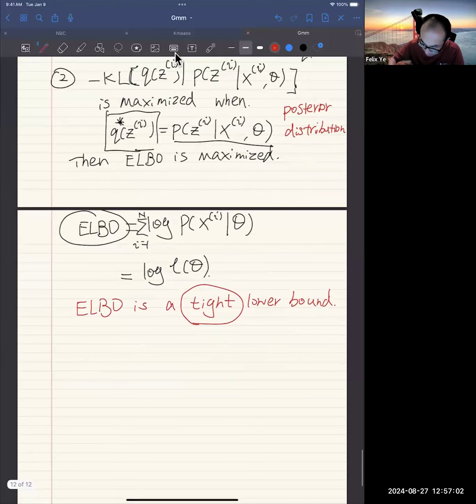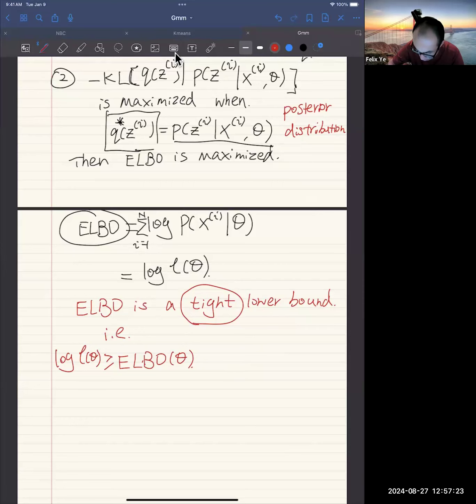So the log likelihood is bigger or equal than the ELBO. Sorry, the ELBO is not only a function of theta, it's also a function of Q here.